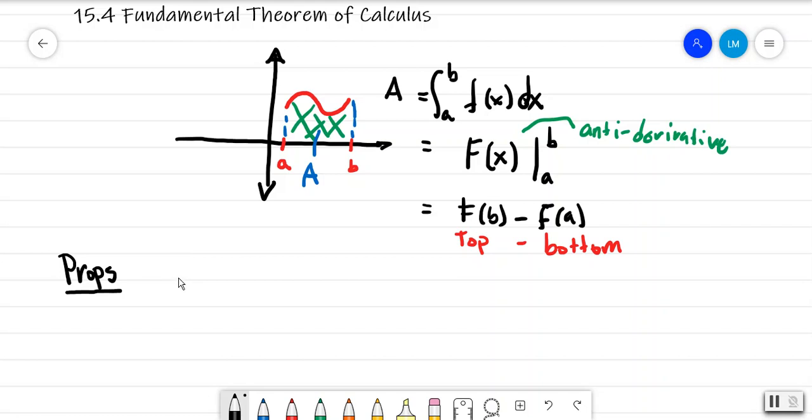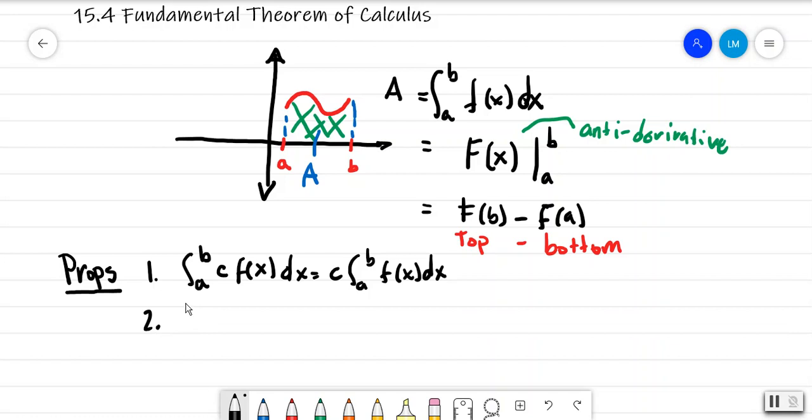Essentially, one of the properties states that the integral from a to b of a constant times f of x dx is the same thing as the constant times the integral from a to b of f of x dx.